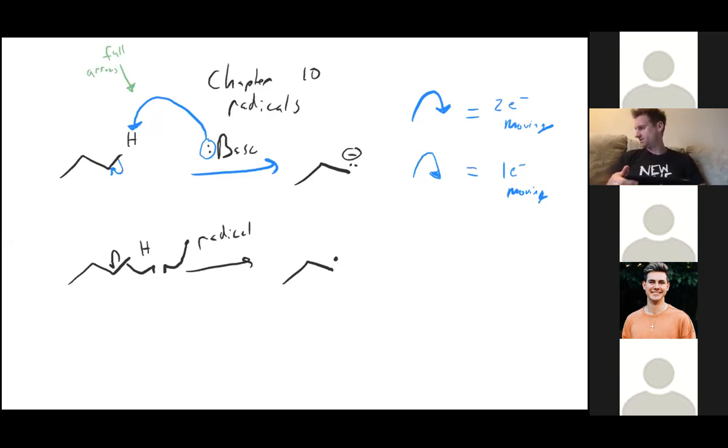So stability for them is really straightforward. It's the same things we've been doing for everything else. We think of our normal carbocation stability.